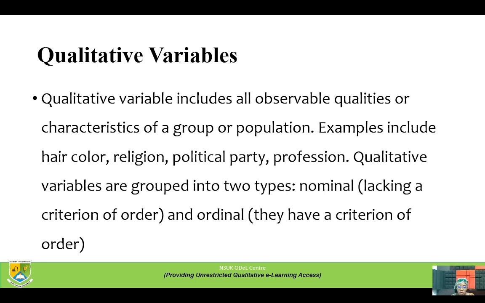Qualitative variables are grouped into two: the nominal variables and the ordinal. The nominal lack order or criterion of order, while the ordinal maintain a specific order.